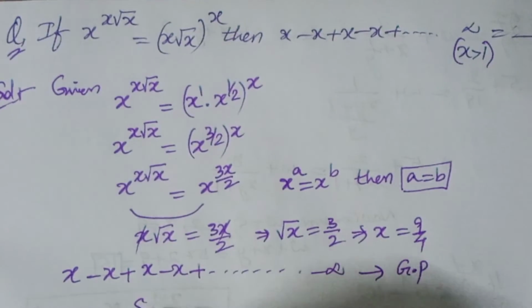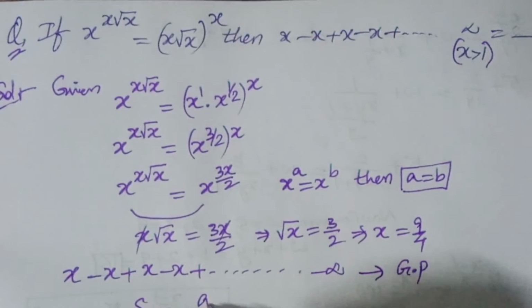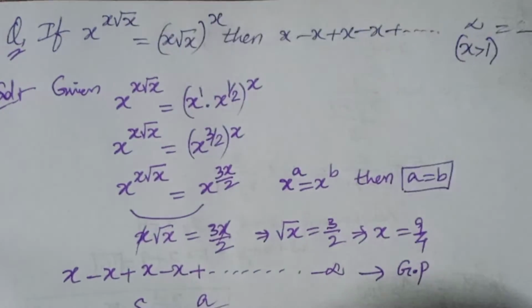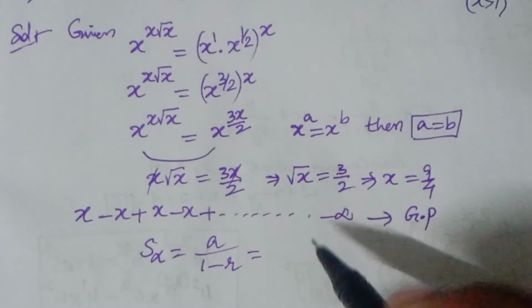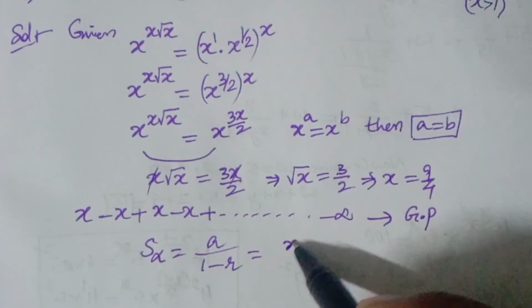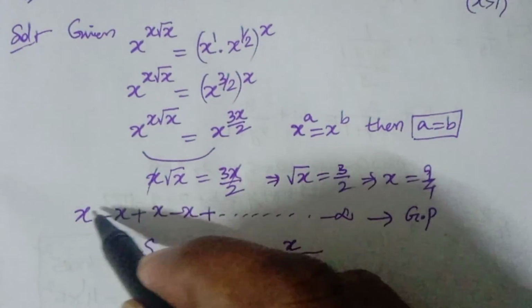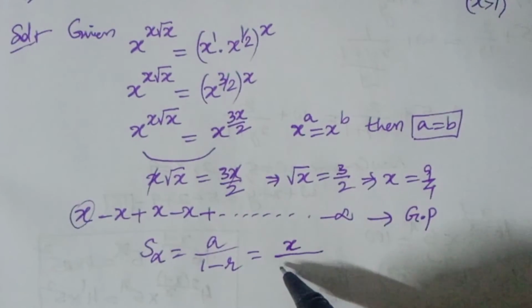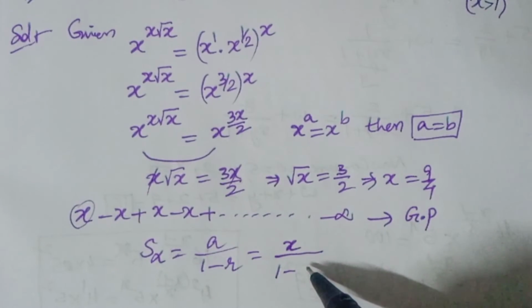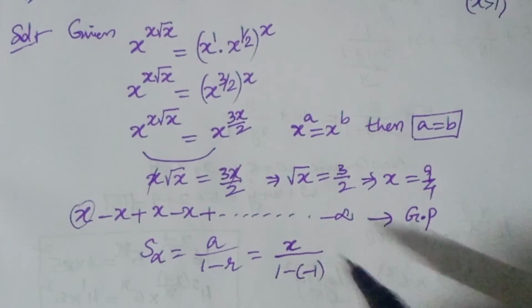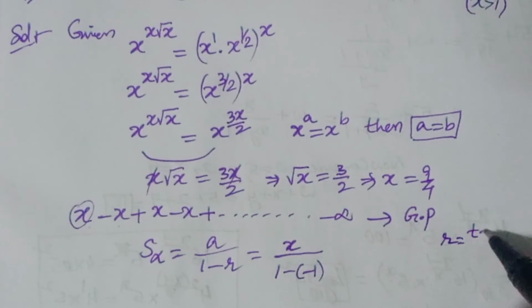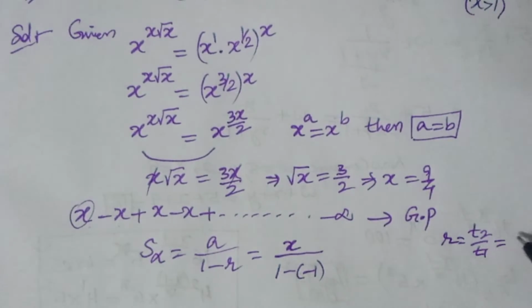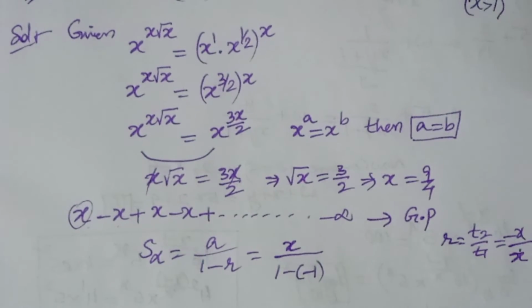So the sum to infinity, S infinity, is equal to a by 1 minus r, where a is the starting value and r is the common ratio, which is minus 1. r is equal to t2 by t1, minus x by x, we get minus 1.